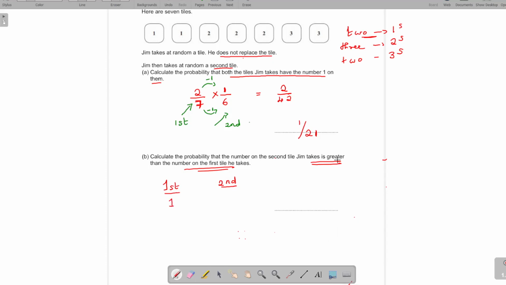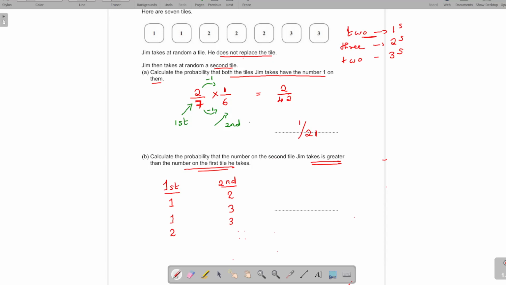The second one has got to be greater, so he can't have 1, he has to have 2. Or he could have 1 on the first and 3 on the second. Then he could have 2 on the first. He can't have 1 or 2 because they are not greater. He can have 3. If he has 3 on the first, there's no other number greater than 3. So these are the 3 chances.